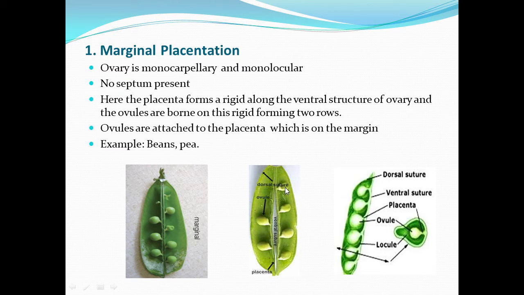You can see here two rows of ovules, 1 and 2. Ovules are attached to the placenta which is on the margin, so it is known as marginal placentation. Examples of marginal placentation are beans and pea. Here you can see the dorsal view, the ventral structure, the placenta, and the ovule, and the whole thing is one monolocular chamber.